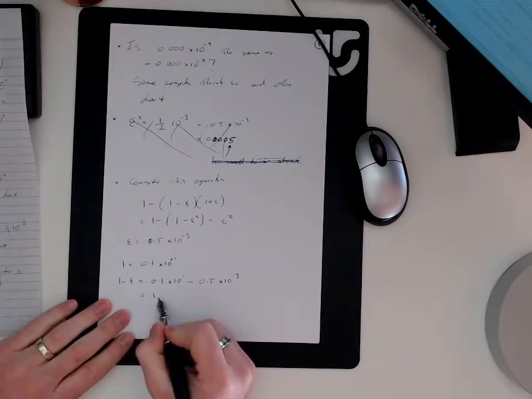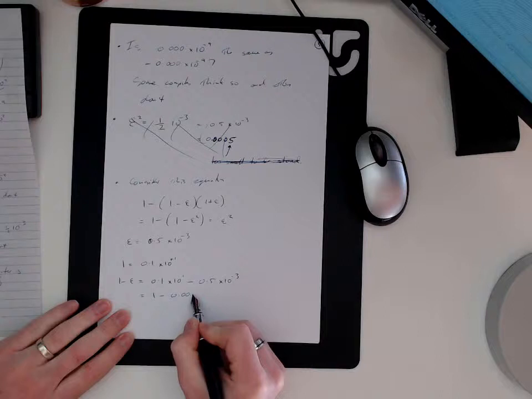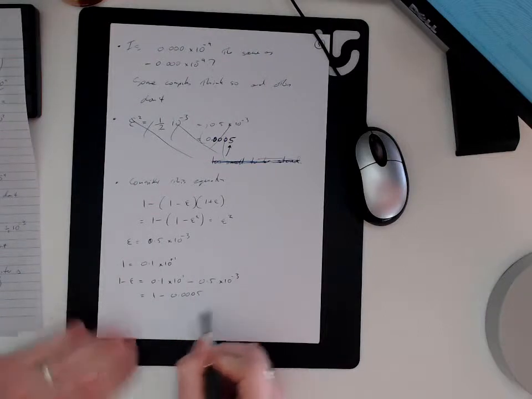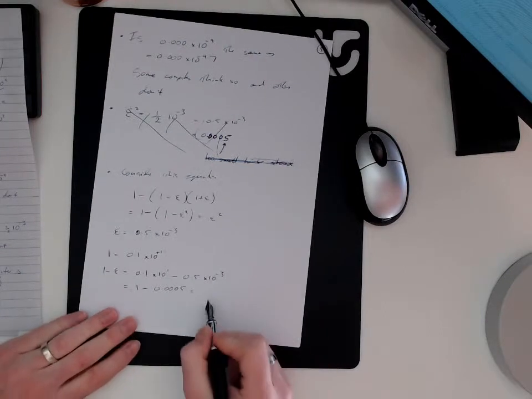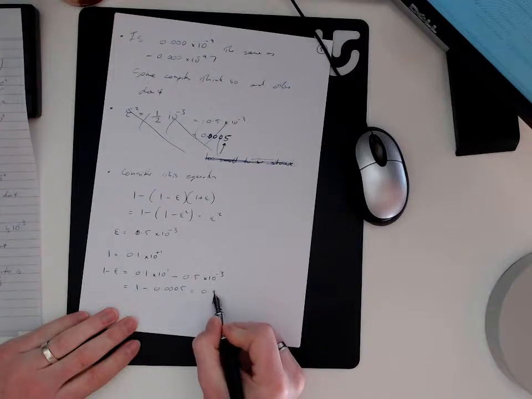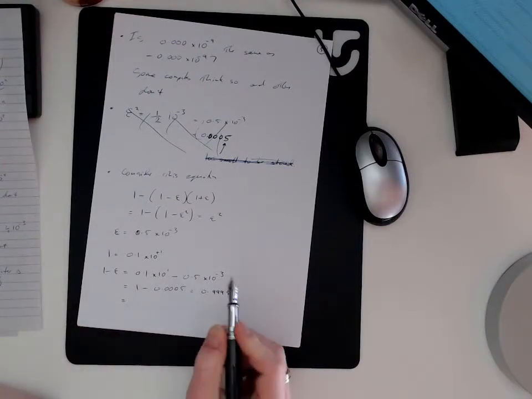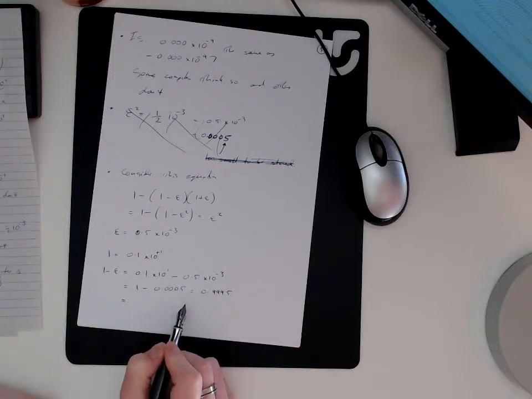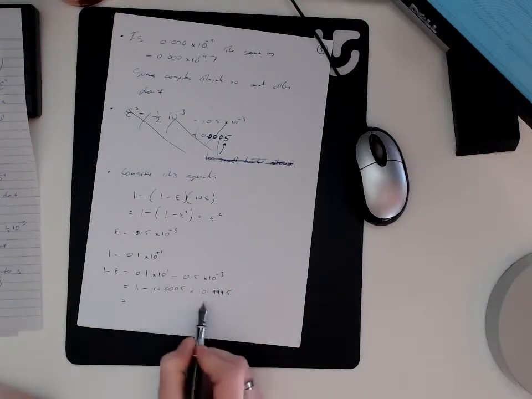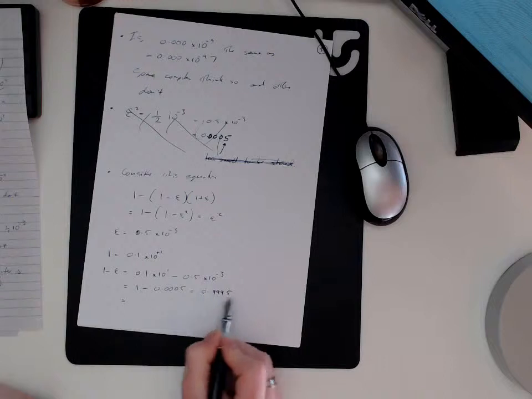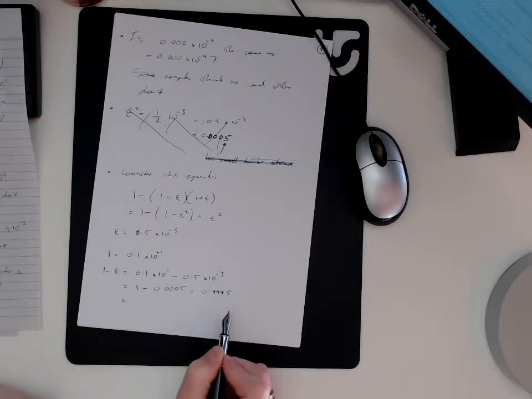So this is 1 minus 0.0005, which is equal to 0.9995. Now we have a mantissa which has only three digits in it, and this thing has a mantissa of 4, so we have to round it.